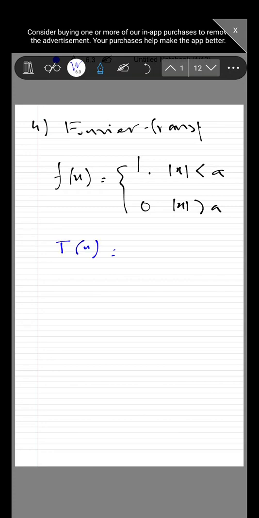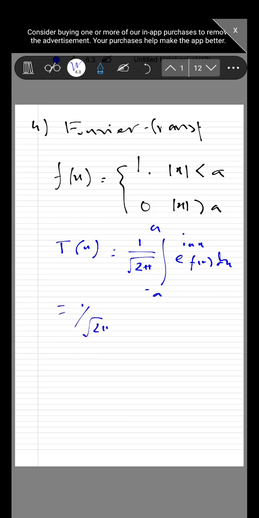So T(u) is equal to 1 by root 2 pi integral from minus a to a of e to the power iux f(x) dx, and that is equal to 1 by root 2 pi integral from minus a to a.